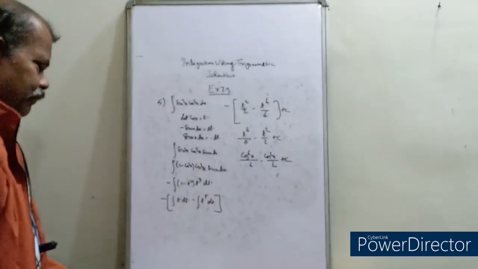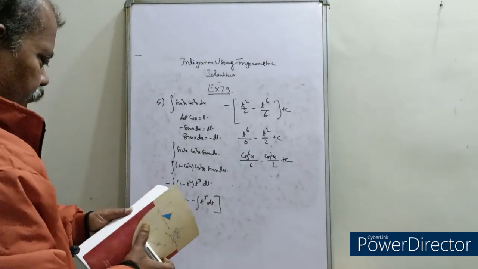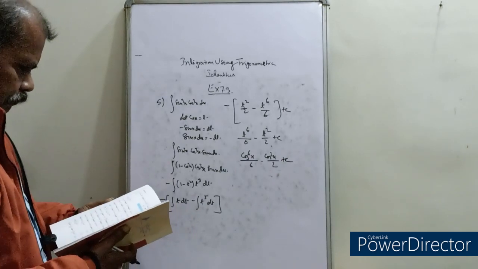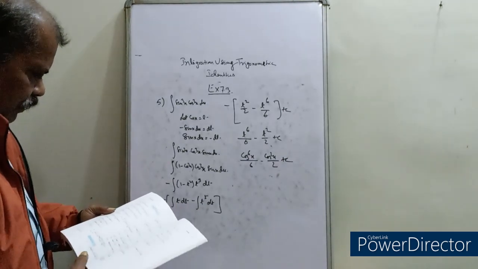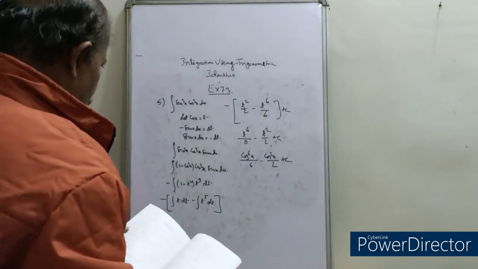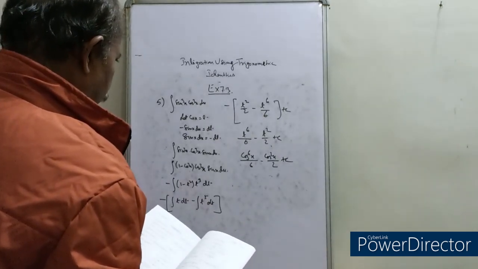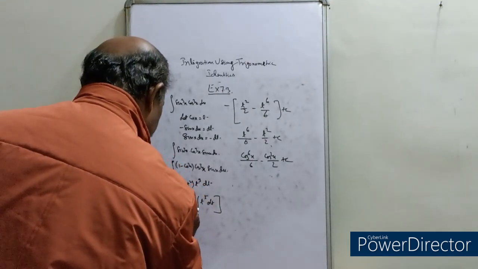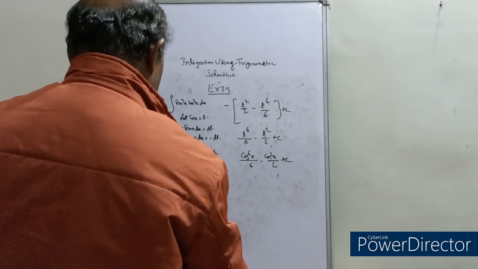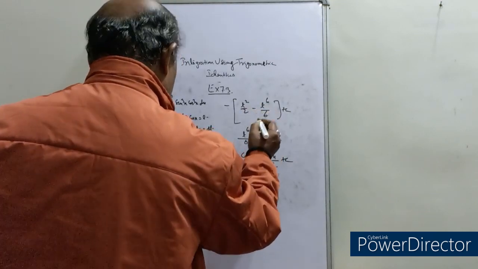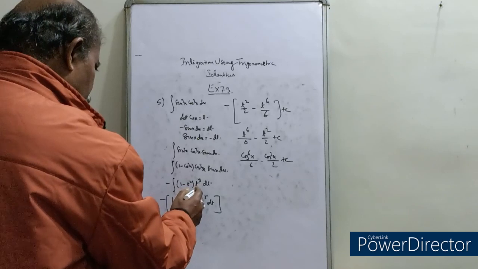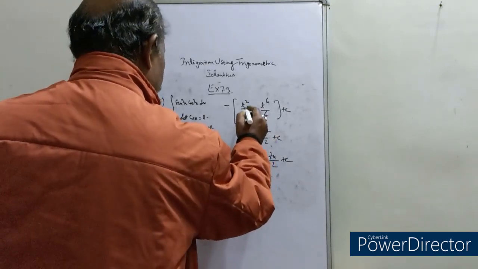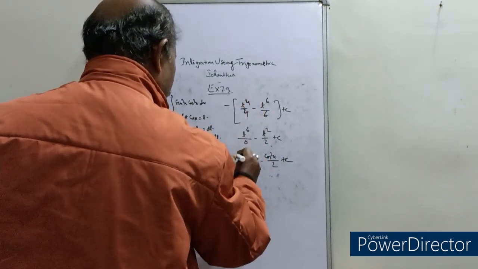Now let me see the answer. 7.3 question number 5. One thing, this is t cube, cos cube, so t cubed dt gives t to the power of 4 by 4, a little mistake.